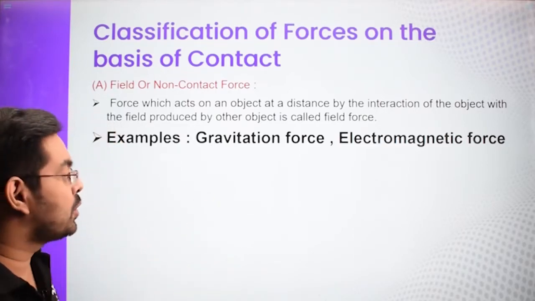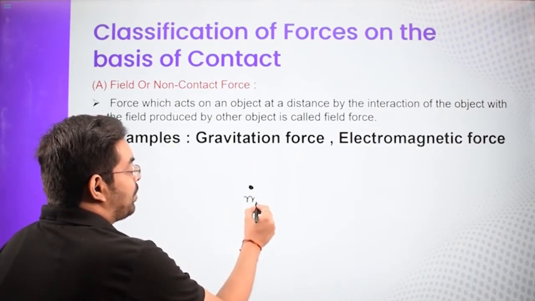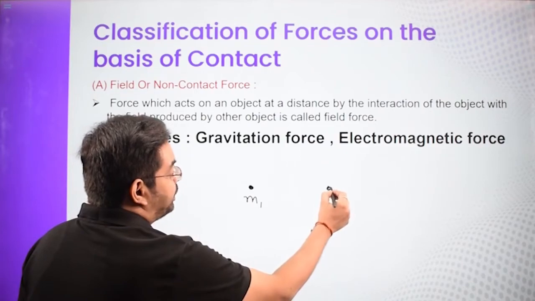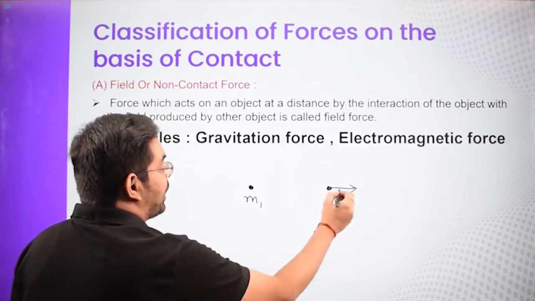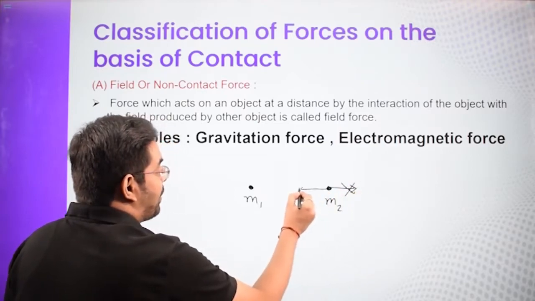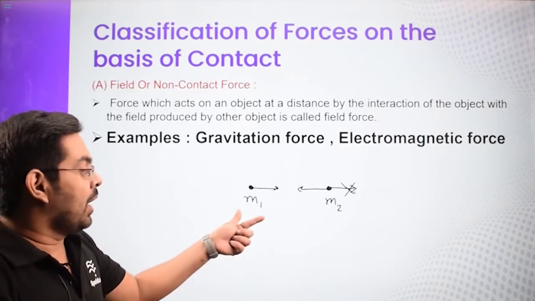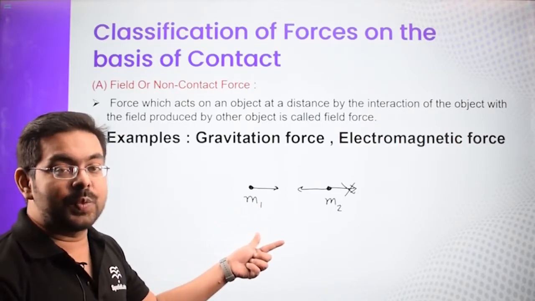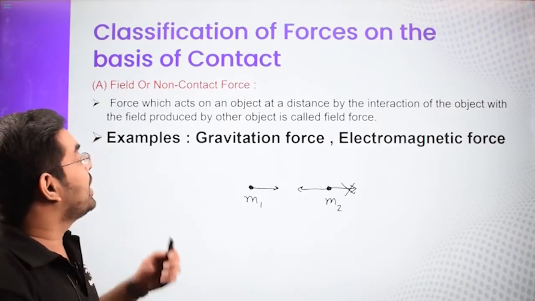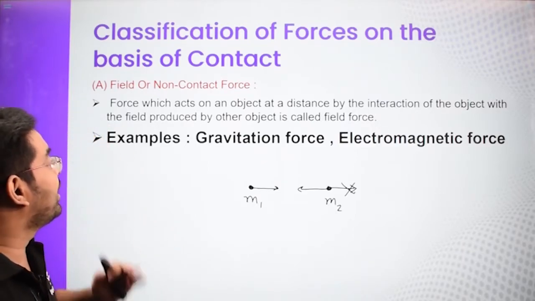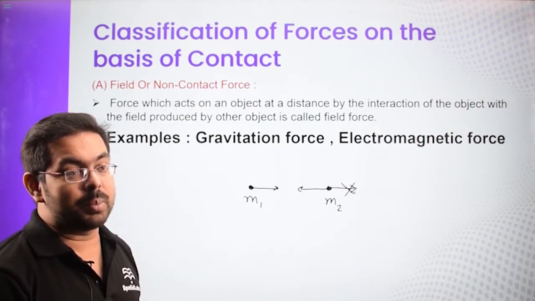Gravitational force also, you see that no contact is present between the particles, and then also the forces come into play. यहाँ पे बेटा इन दोनों पे क्या होता है? यहाँ पे repulsion नहीं होता, only attraction is there, and this attraction arises without any actual contact between these two particles. तो इस तरह के जो भी forces होते हैं उनको field forces कहते हैं. इनमें field की वजह से दूसरे पे force लगता है.